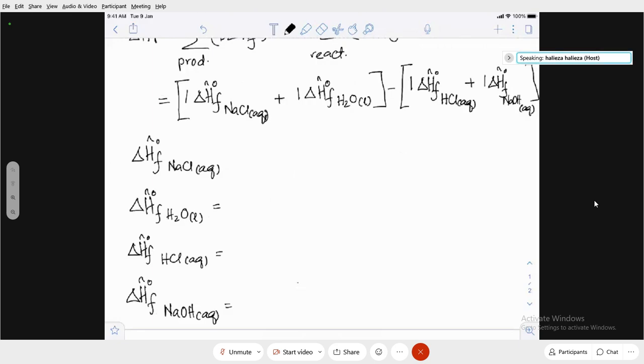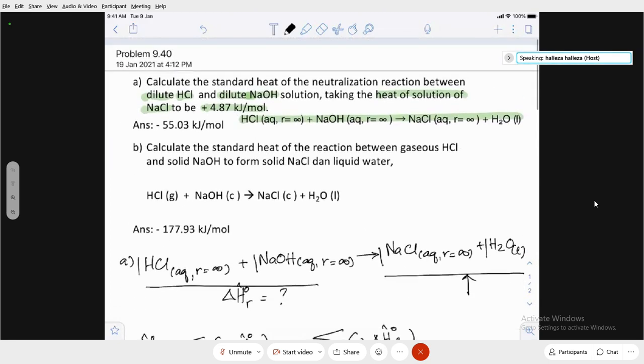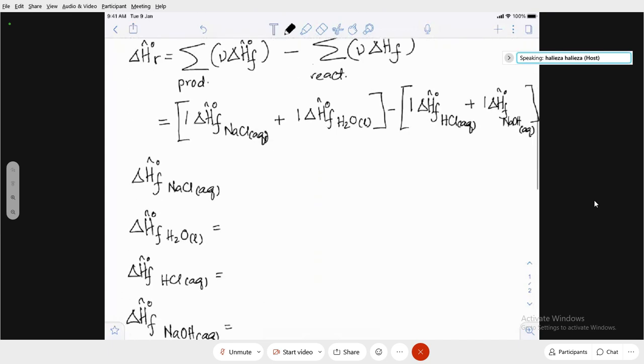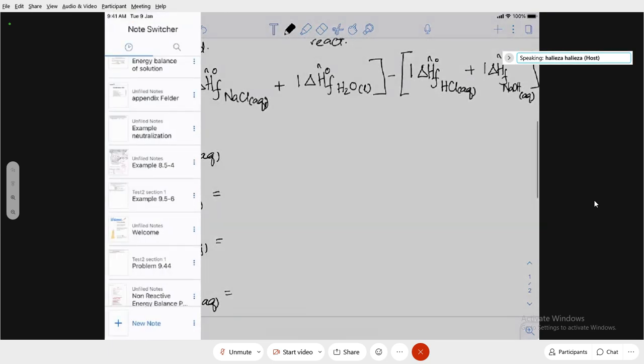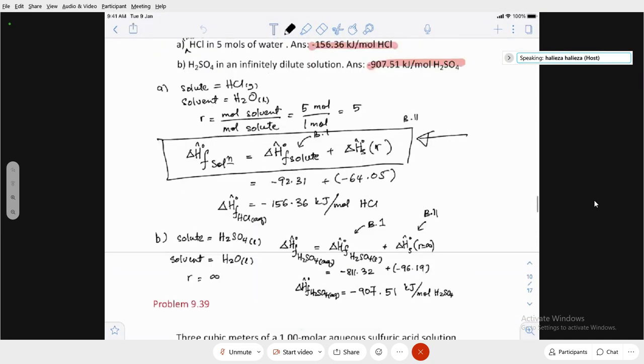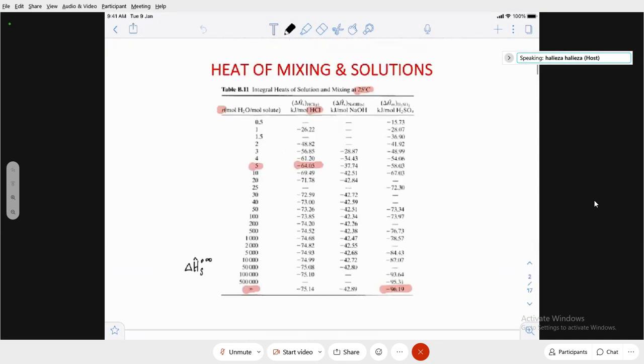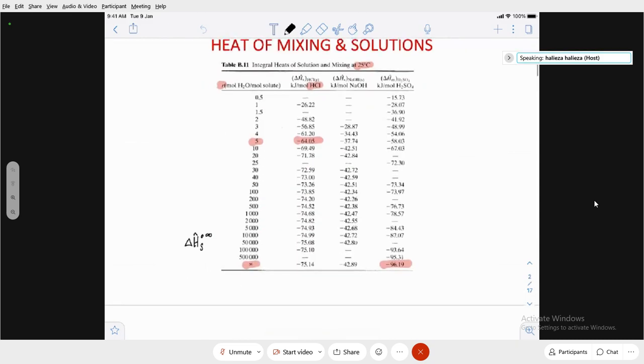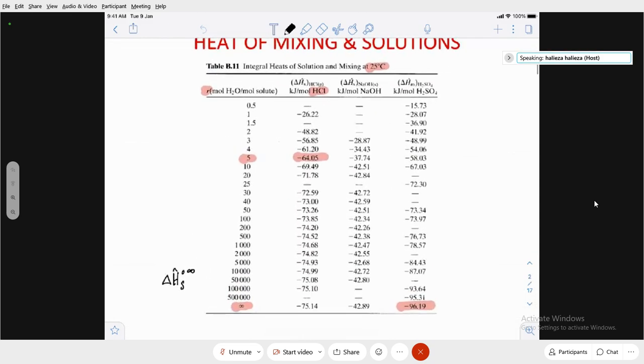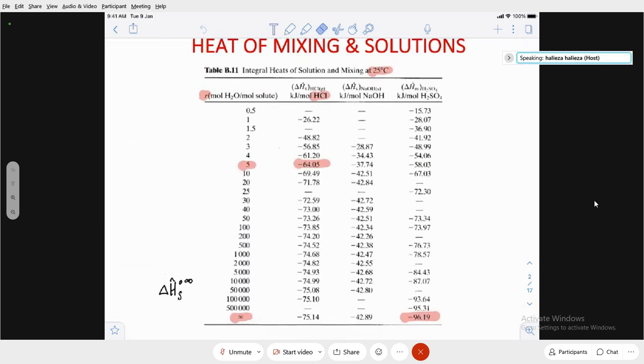Look at appendix B11 for sodium hydroxide and hydrogen chloride. For infinite, oops, I need to go to my notes. Let's look at B11. Okay, this is B11. Your hydrogen chloride is here, and at infinite dilution, that's the value.